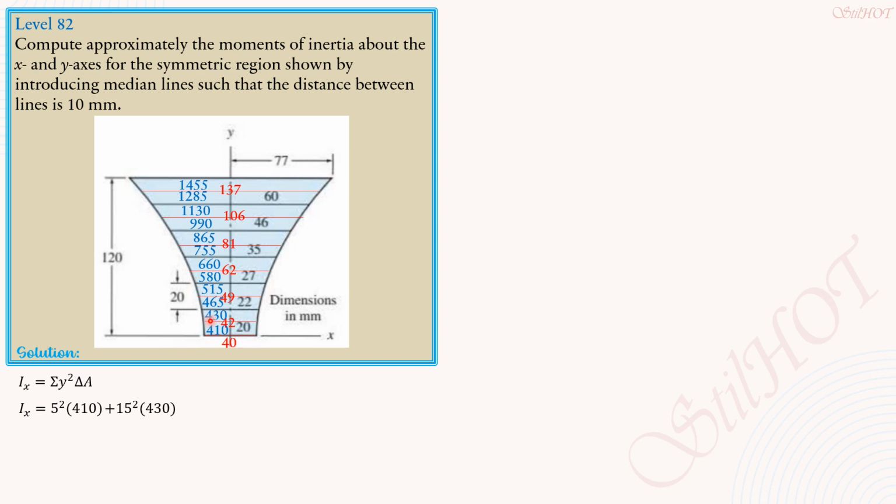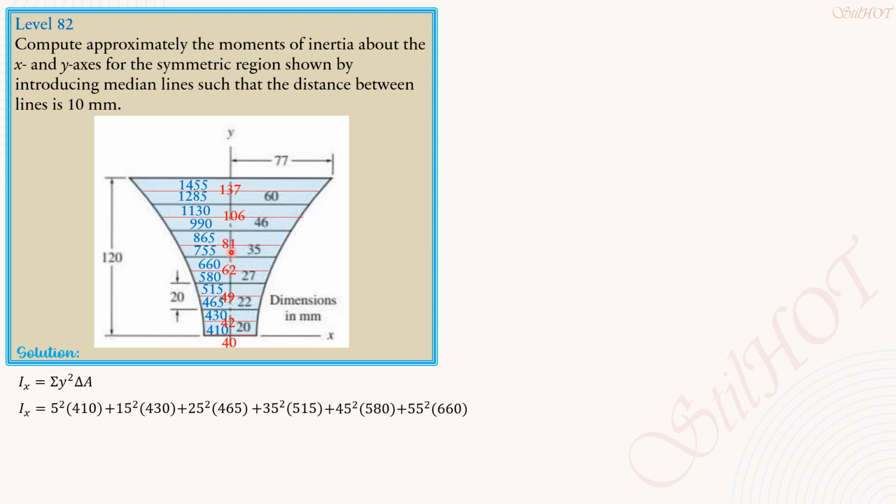Next is plus 25 square times 465, plus 35 square times 515, plus 45 square times 580. The distance here is 45, the centroid. The next is 55 square times 660.